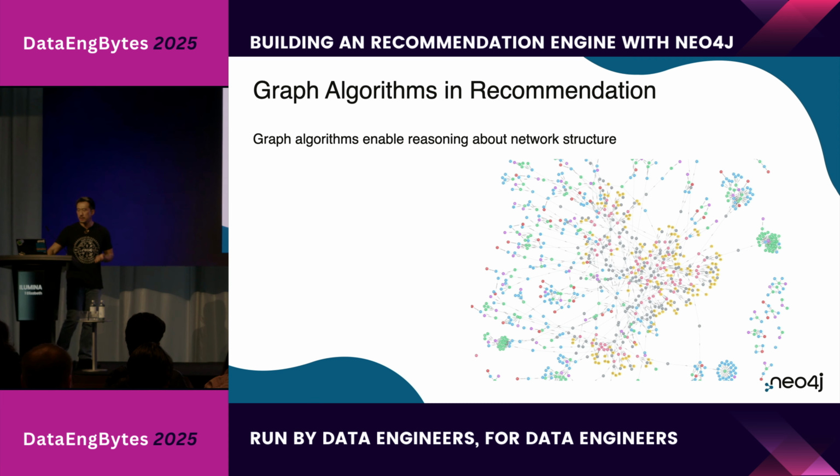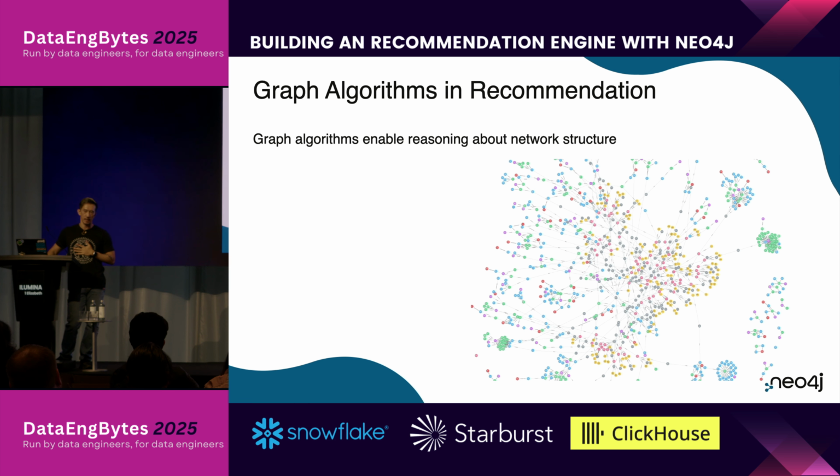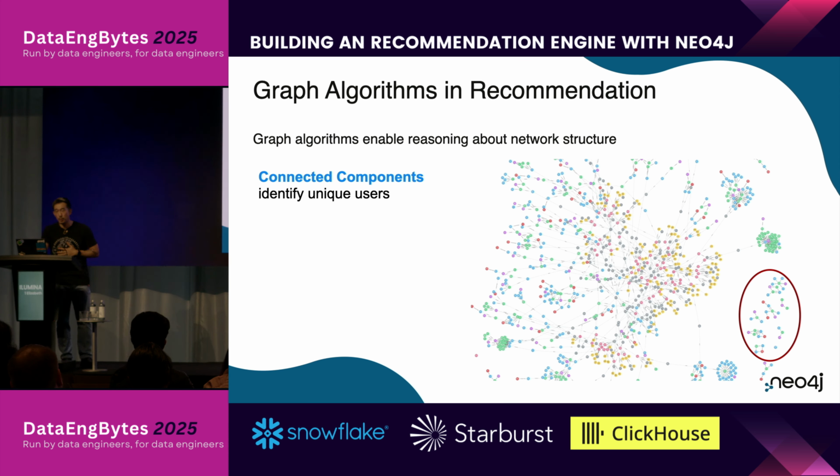So in recommendation, there are a few things that I can recommend looking into, because like I said, we have 65 plus algorithms and I don't want you to look into every single thing. The connected components algorithm would identify islands of isolated connections. So we can identify unique customers, unique users that are not really connected to any other customers for some reason.